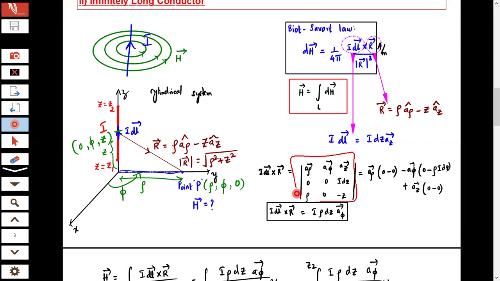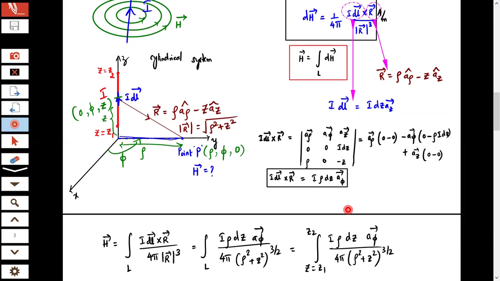When you expand this determinant, we will get the a_rho component becoming 0, the a_phi component becoming minus rho I dz, where one negative sign is there for this a_phi component, and the a_z component becoming 0. So the resulting I dL cross R vector is in the phi direction, with magnitude I rho dz a_phi.